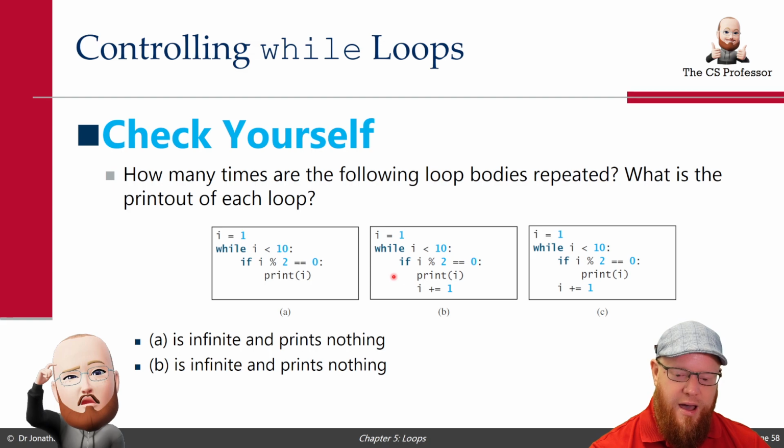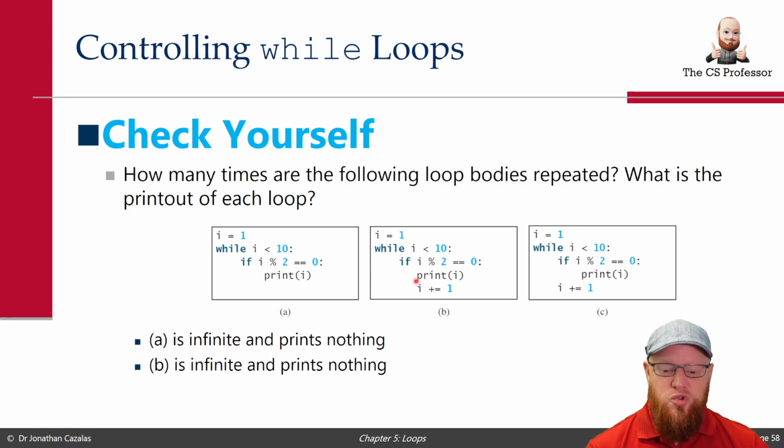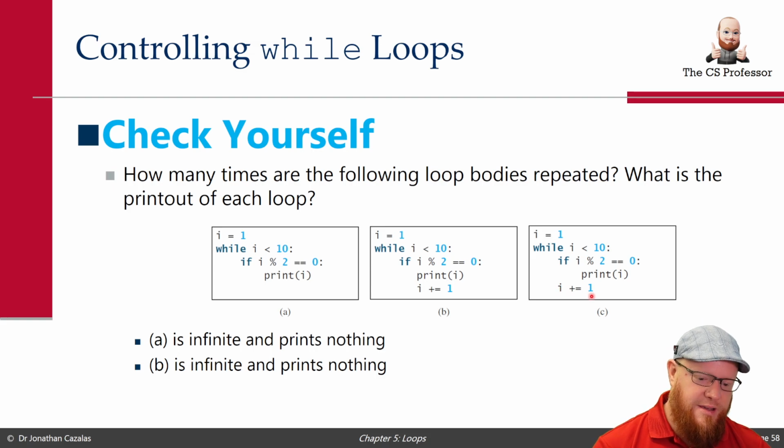So if i is even, then print it, and then and only then do you increment i, do you update i by 1. But since i is never even, that never happens, i will remain at 1 indefinitely, and this is an infinite loop.